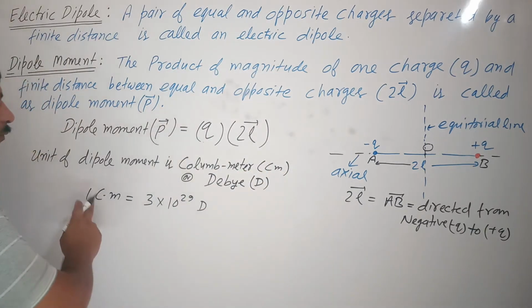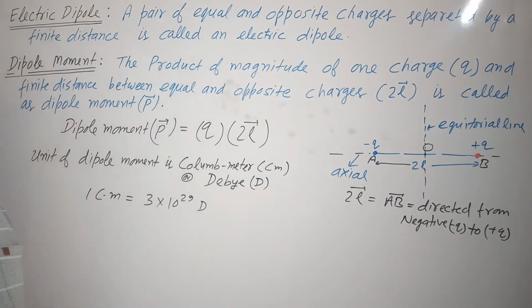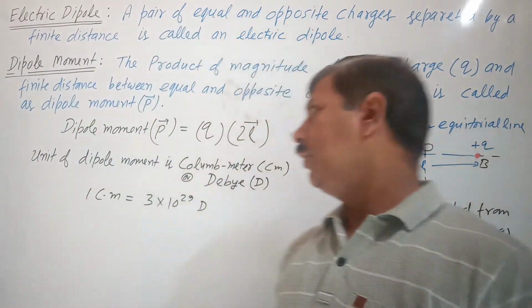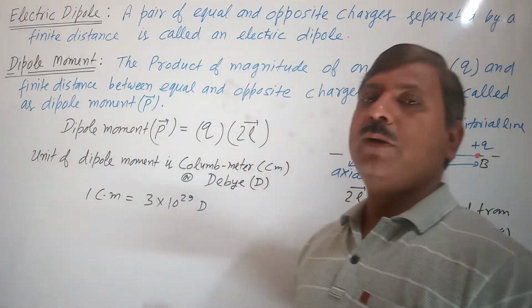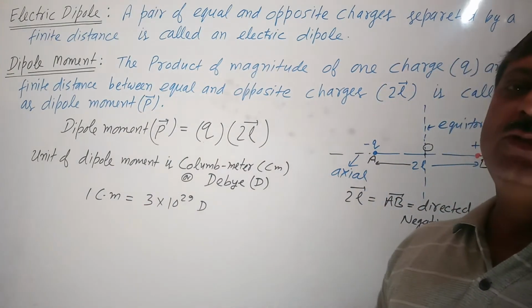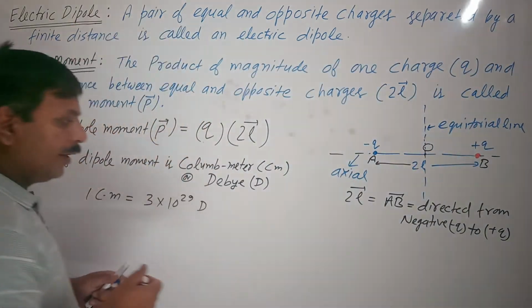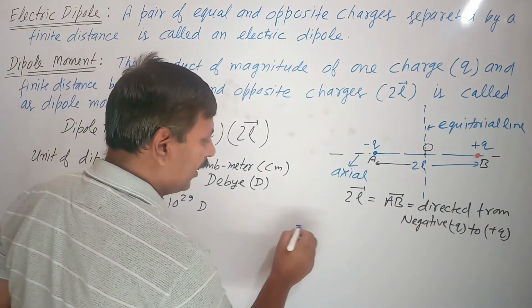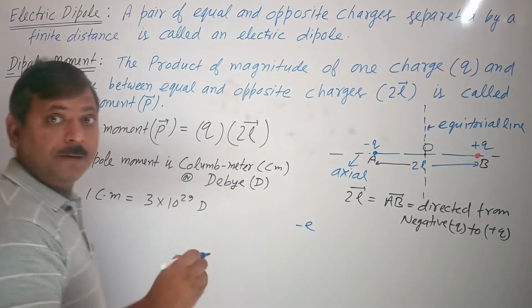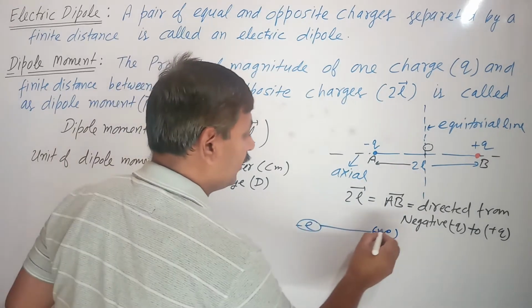You can see here, 1 coulomb meter is equal to 3 into 10 raised to 29 debye. So there are two units, coulomb meter and another unit, debye. And the relation is 1 coulomb meter equals 3 into 10 raised to 29 debye.